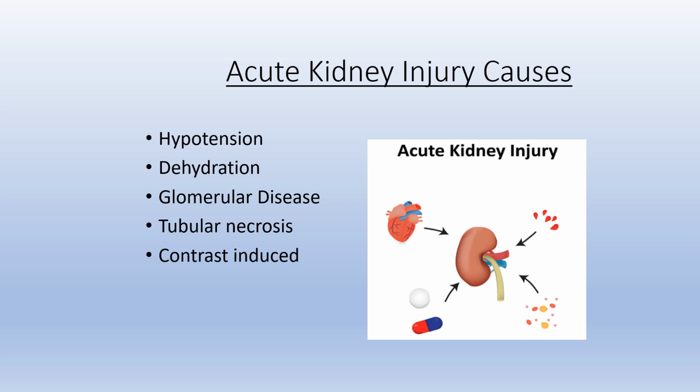Toxins such as alcohol, heavy metals, cocaine, and also medications such as certain chemotherapy drugs, antibiotics, and dyes used during imaging tests are amongst the many causes of acute kidney injury.